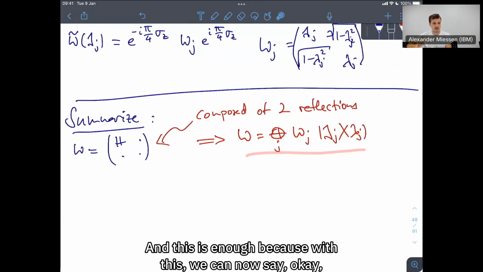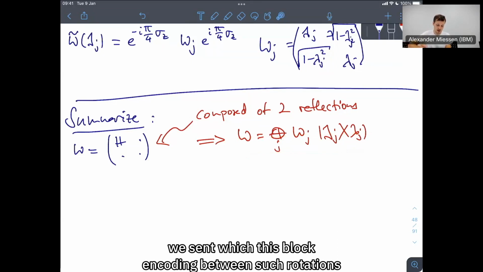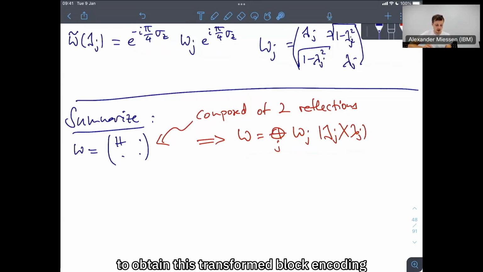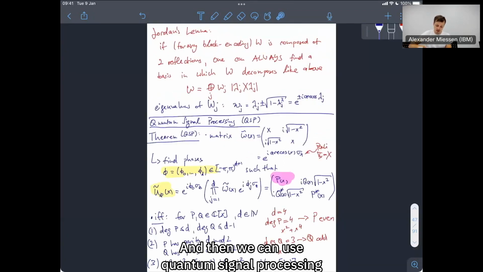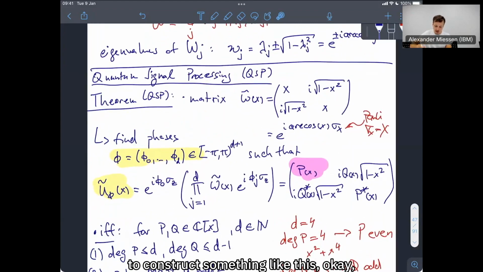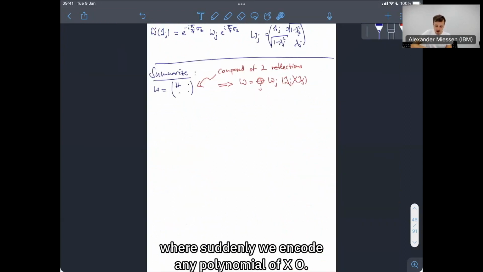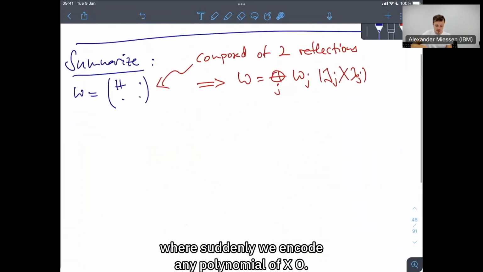And this is enough because with this we can sandwich this block encoding between such rotations to obtain this transformed block encoding used for quantum signal processing, and then we can use quantum signal processing to construct something like this, where suddenly we encode any polynomial of x.